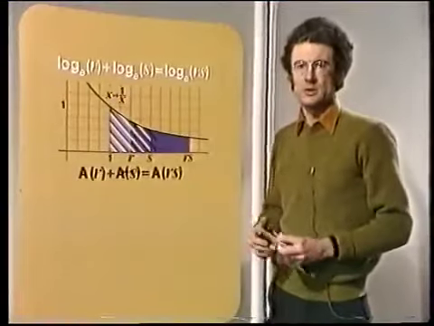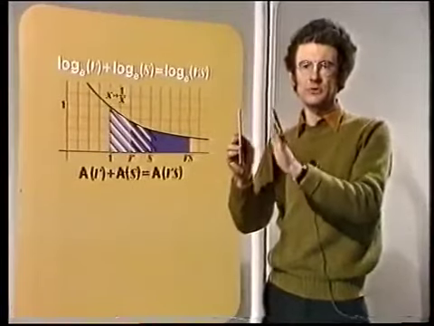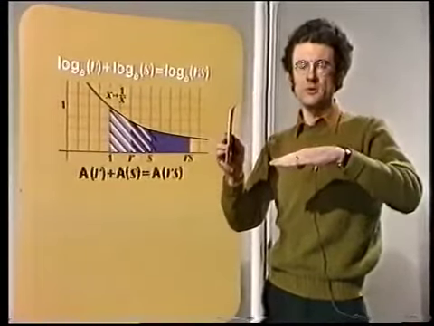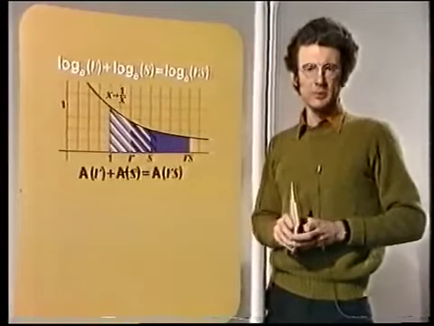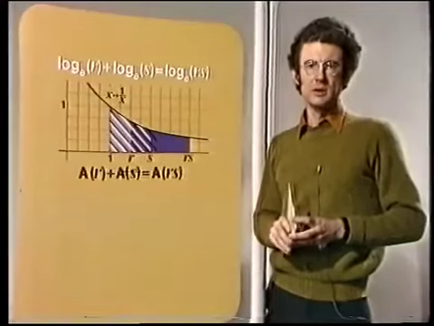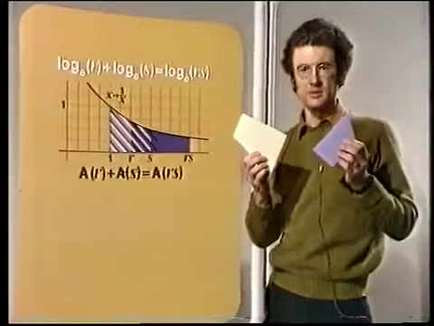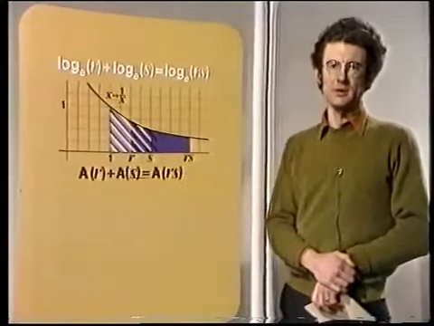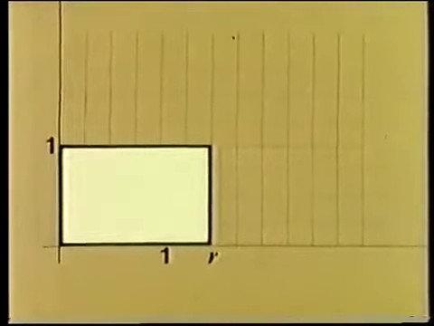And to do that, I'm going to use the ideas of scaling in the x and y direction. Remember, that means stretching the distances of points from the x and y axes. Now, that's what happens to distances when we scale. But if I scale a region, what will happen to its area? To find out, let's look at rectangular areas first. The simplest case is when the rectangle is butted up against the origin.